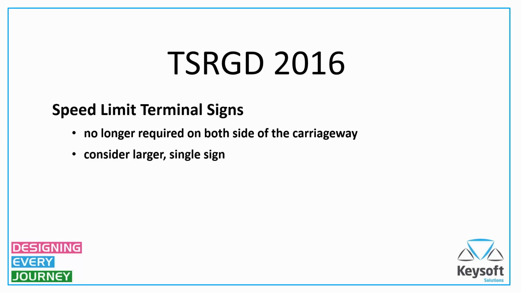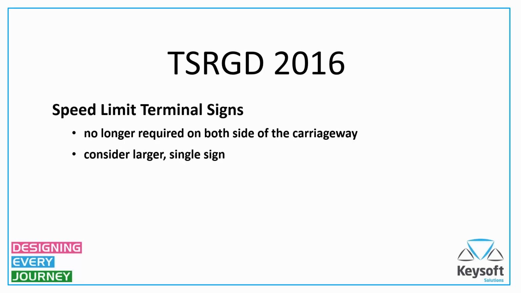So it may be that depending on how visible a particular speed limit is, and certainly the general public will probably expect to see both sides signed, that they may miss the beginning of speed limits, particularly with the transition into the new regulations.